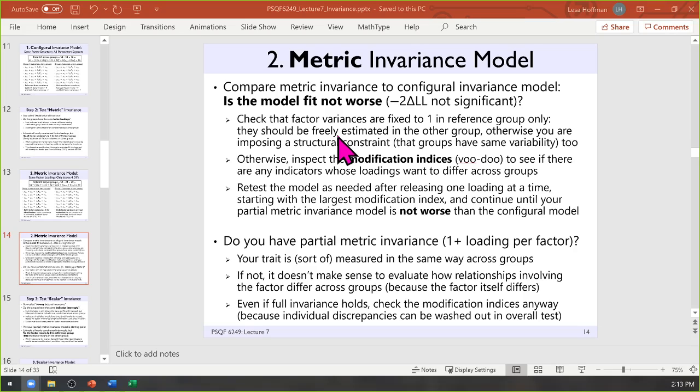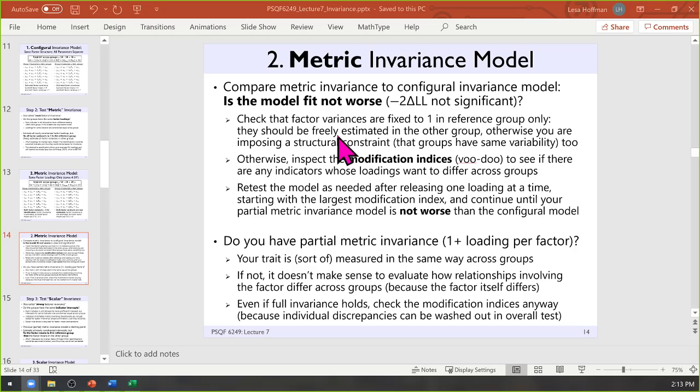This is one of the reasons why confirmatory factor analysis is a relatively easy way to do this, because modification indices are available such that we can see which ones need to be released. So if we let some of the loadings be different across groups and keep others the same, that's known as a partial invariance model.